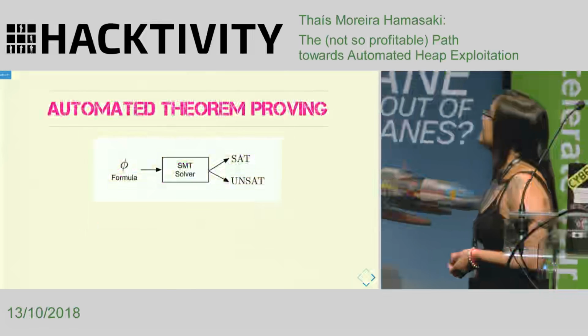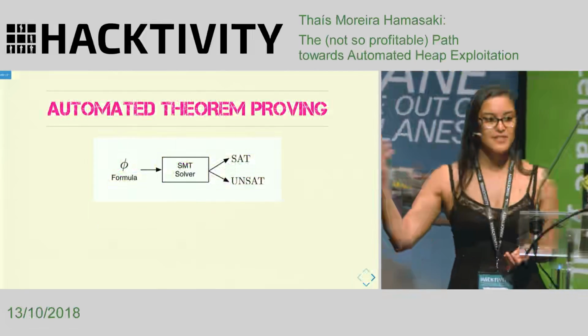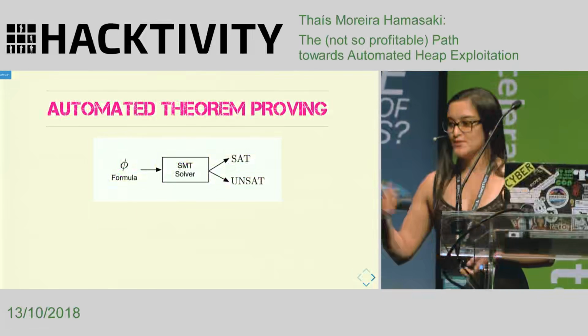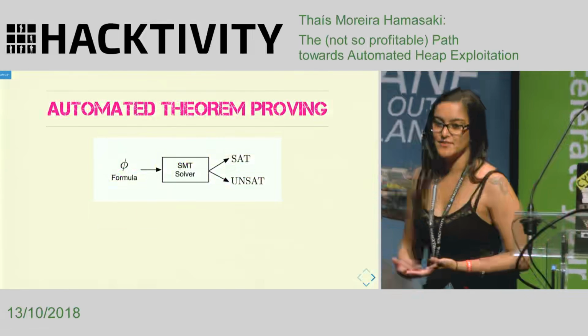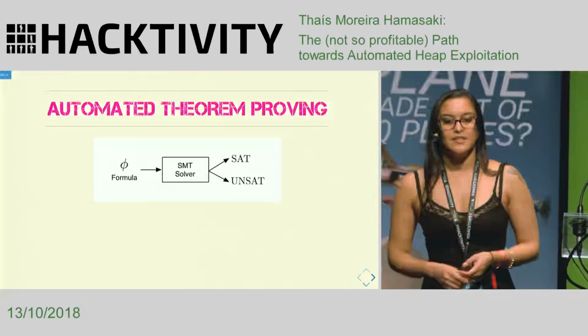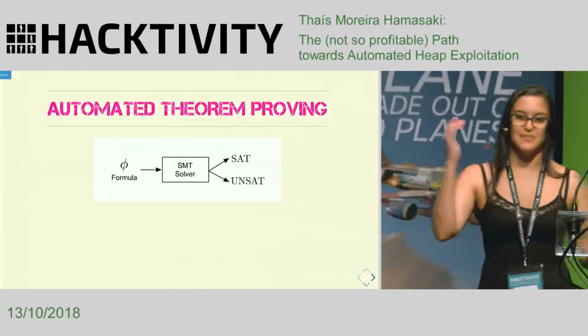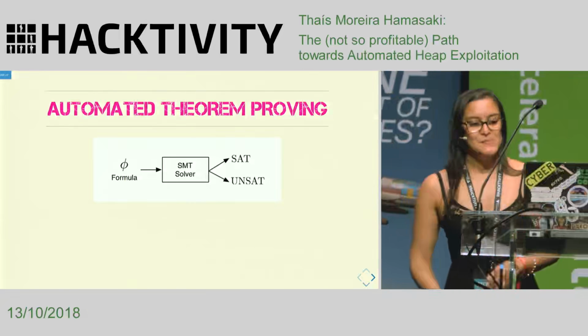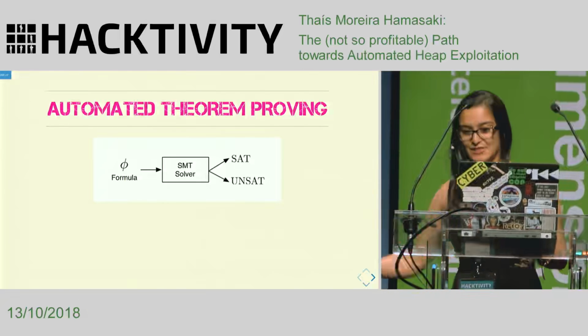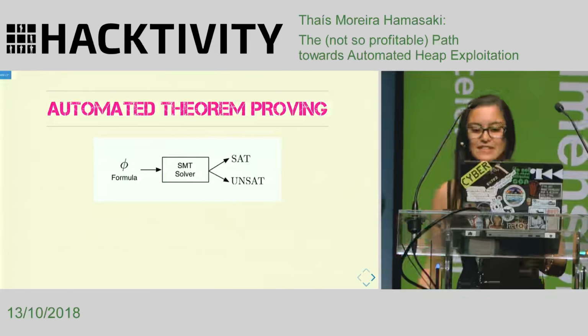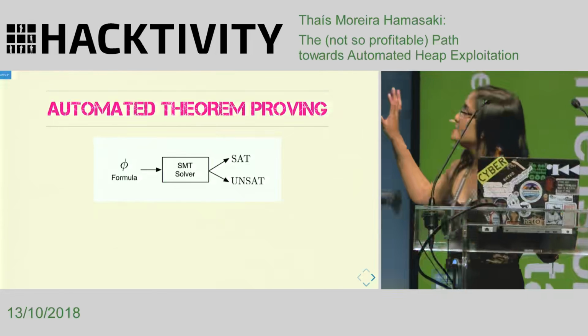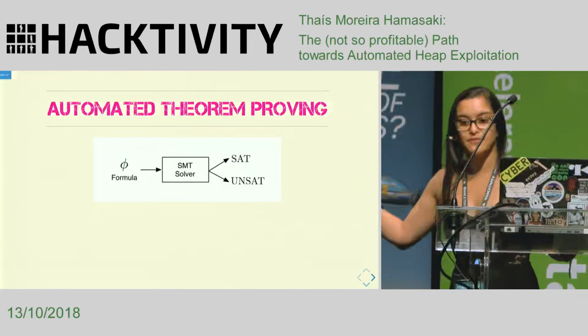So now we know how the SMT solver works. And if you want to talk about the internals of the engine and how the logic works inside, we can talk about that later. But I don't have much time, so I will skip that for now. And we can see these blocks as a black box. So you put in your formula.